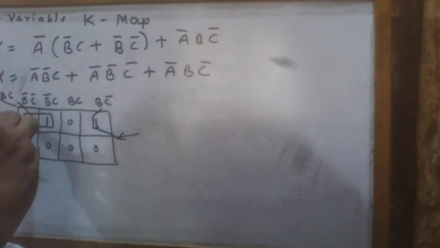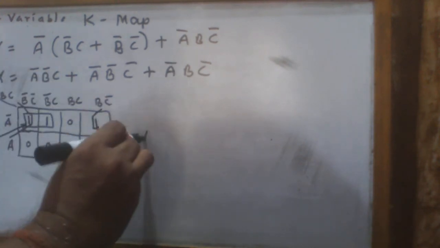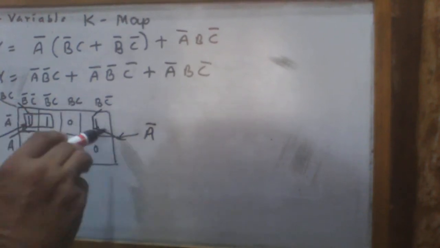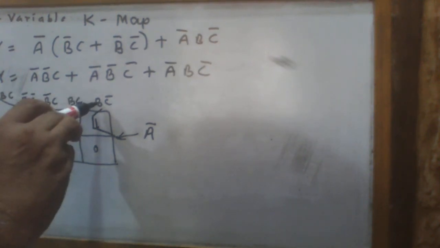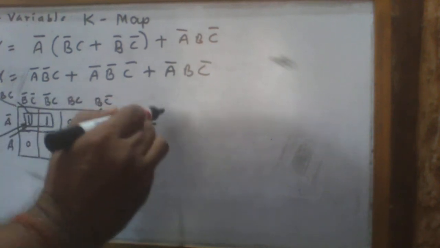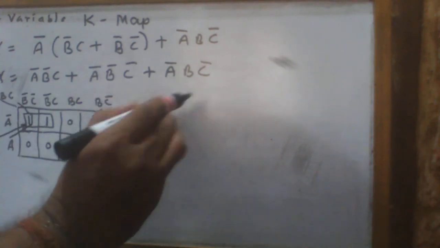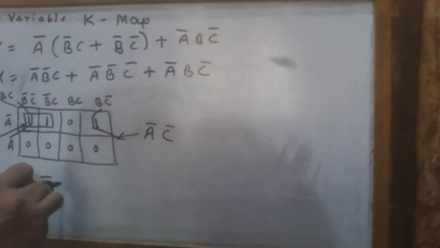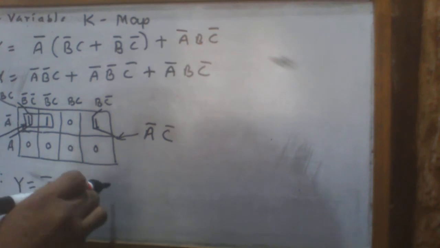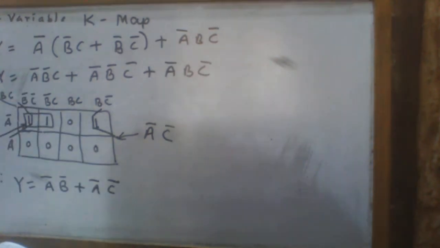A bar is common, therefore I will write A bar. From the vertical side, here it is B bar C bar and here B C bar, so B gets cancelled and only C bar is common. Therefore the equation can be reduced to Y is equal to A bar B bar plus A bar C bar.